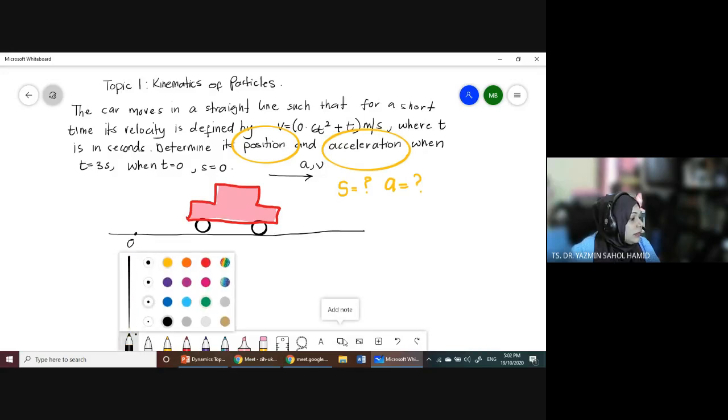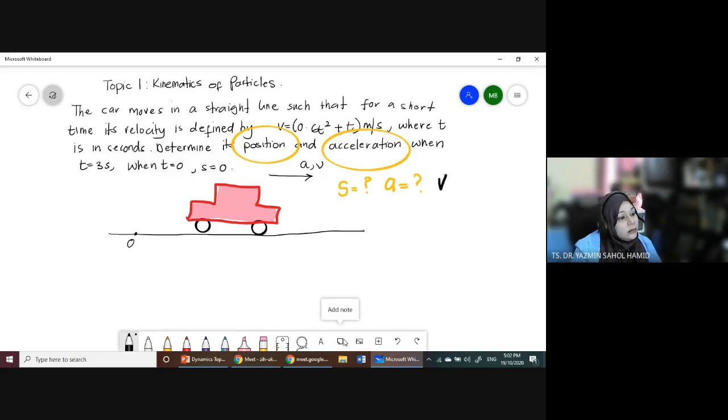What we have is the velocity and the time. Okay, so this is position, this is velocity, and this is acceleration. So from velocity, we want to find the acceleration.